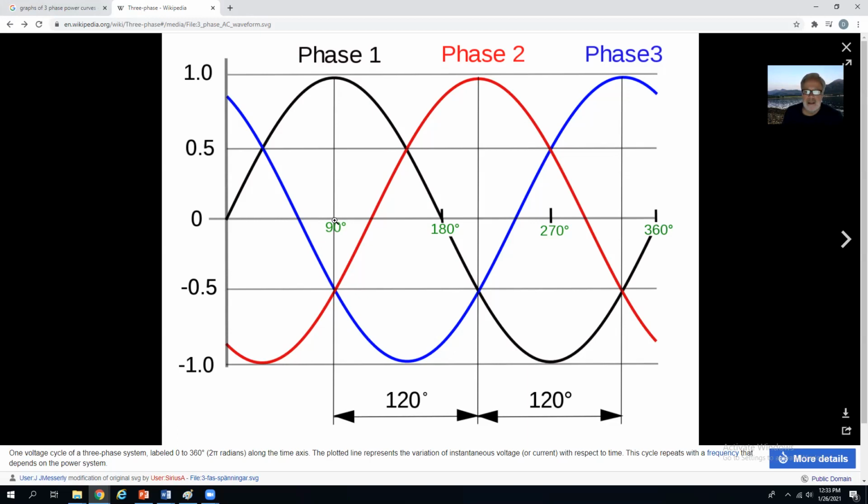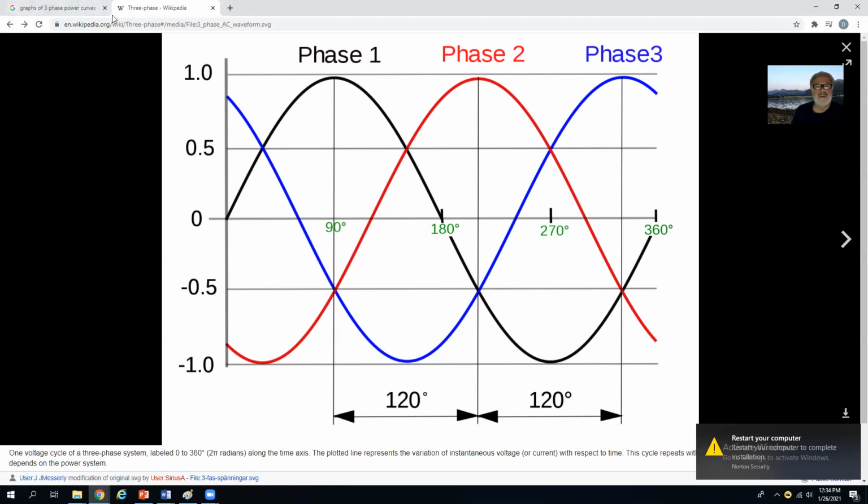So if this is at 90 degrees, then we're going to add 120 degrees to that. So this would be 210 degrees, and so forth and so on. Here's phase two, and phase two peaks at this point, and phase three is going to peak 120 degrees later.